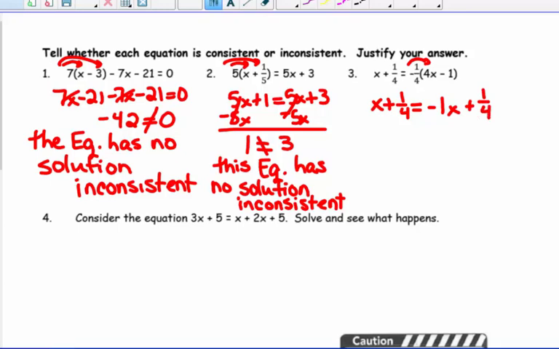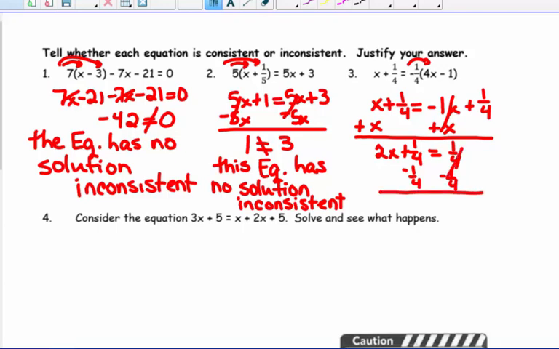So if I add x to both sides, because negative 1x is the smaller, I get 2x plus a fourth equals a fourth. Those cancel. And when I subtract a fourth, those cancel. And I get 2x equals 0. Well, when I divide by 2, I get x equals 0. That is a solution. X equals 0.